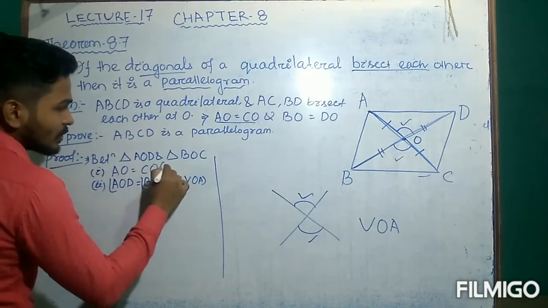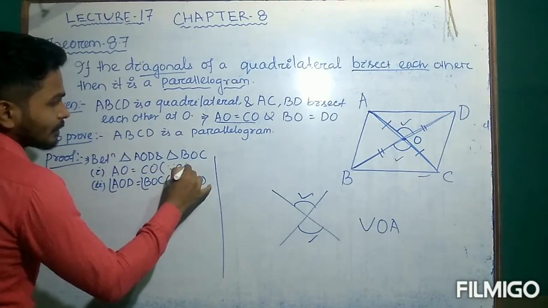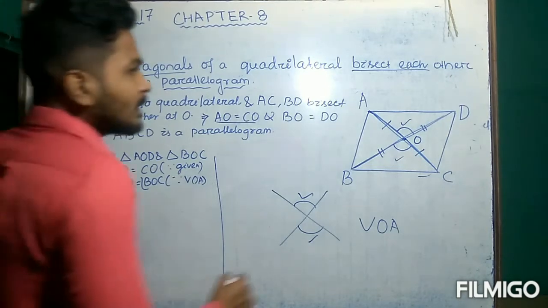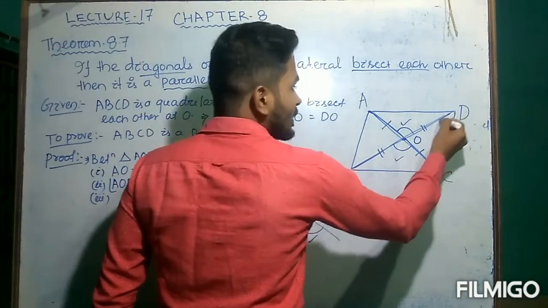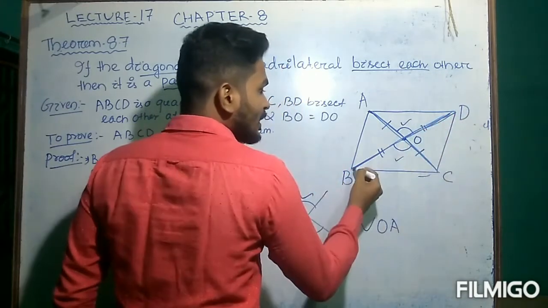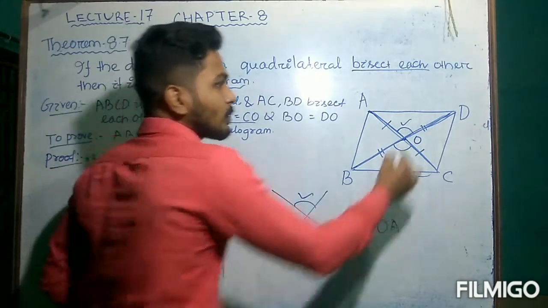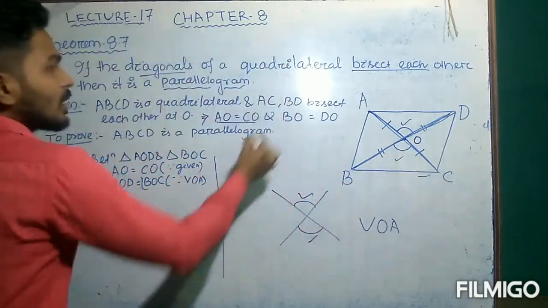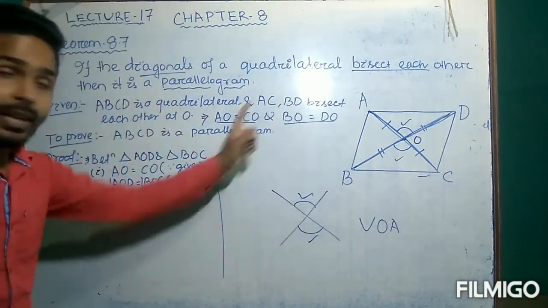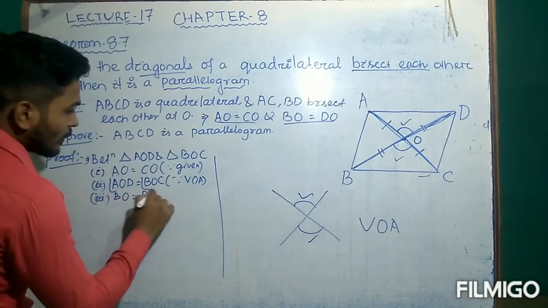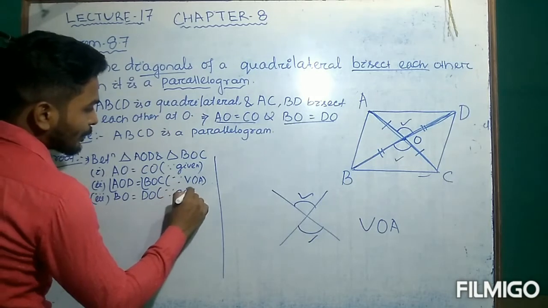Now coming to the third condition, in the triangle AOD this side DO, and in the triangle BOC this side BO. So BO is equal to DO, since it is already given.